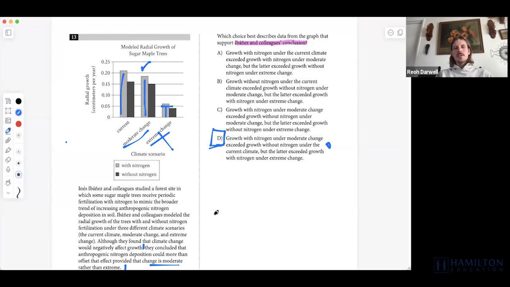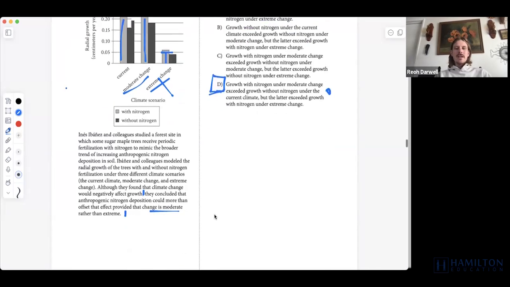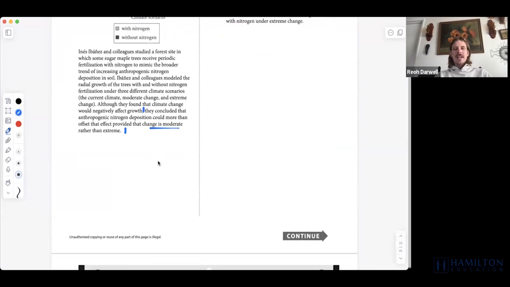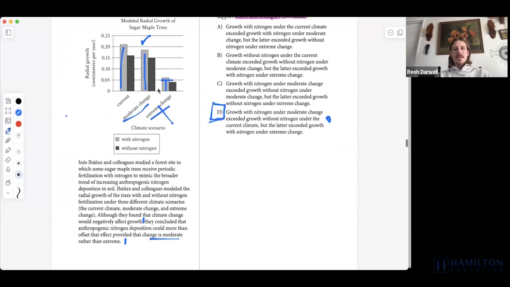One of the things I'm always on the lookout for on a command of evidence question is an answer choice that would be correct if it were true in the data.